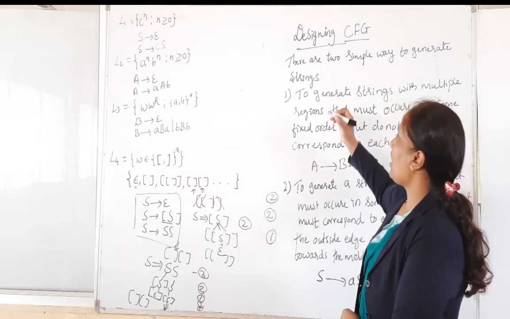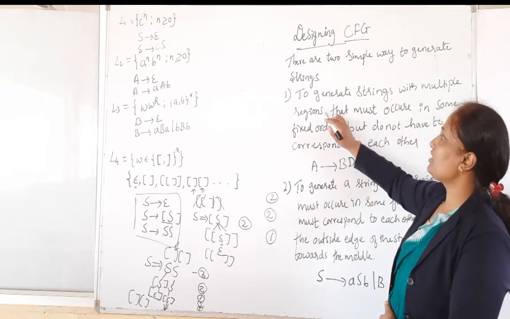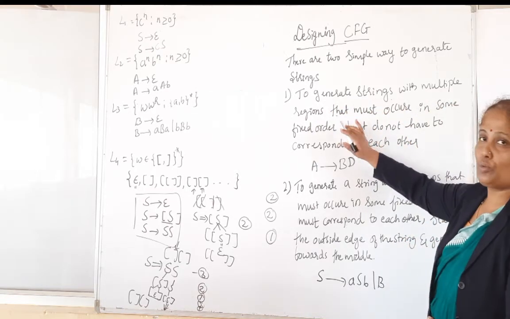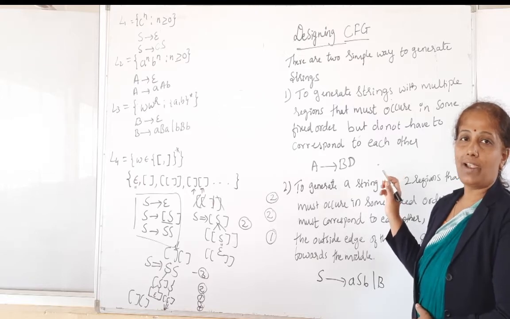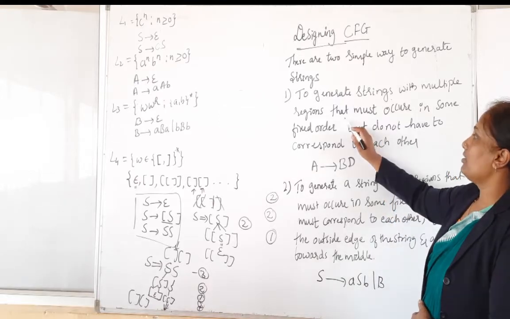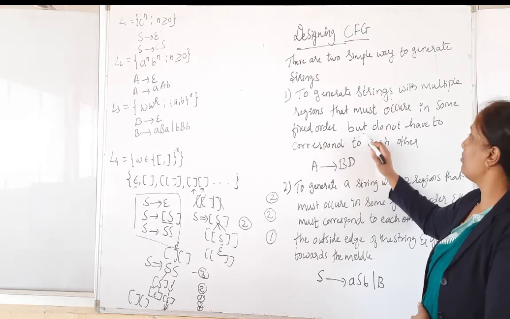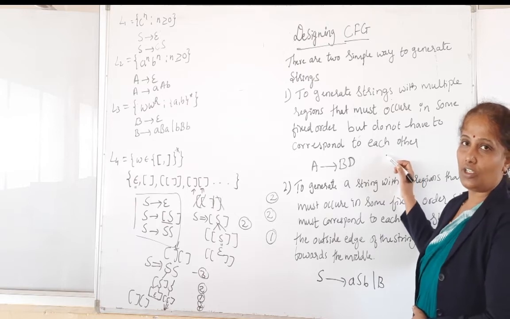The first way is to generate the strings with multiple regions. So the language contains strings belonging to multiple regions that must occur in some order. The strings occur in some order but do not have to correspond to each other. They are not dependent on each other.